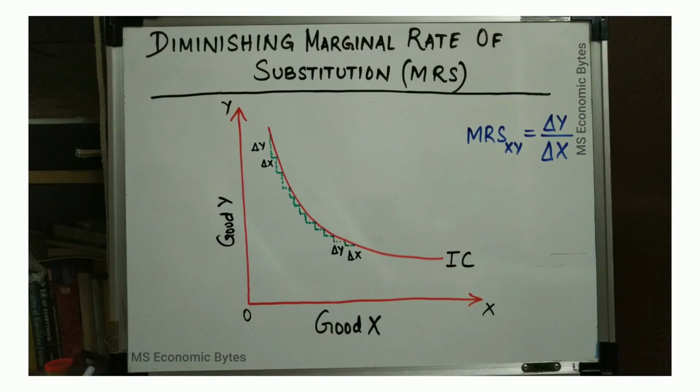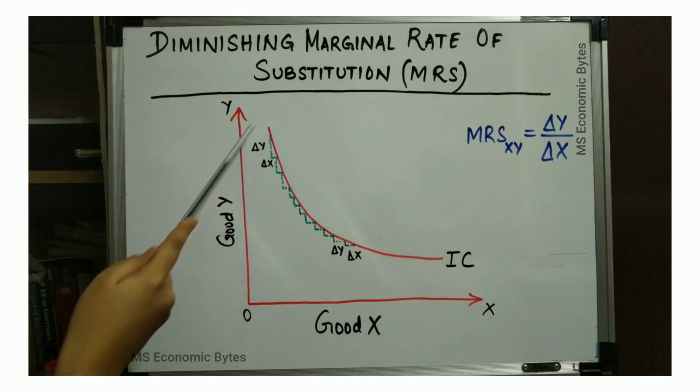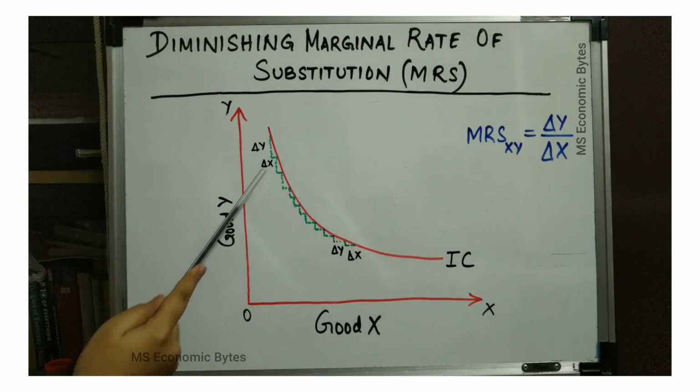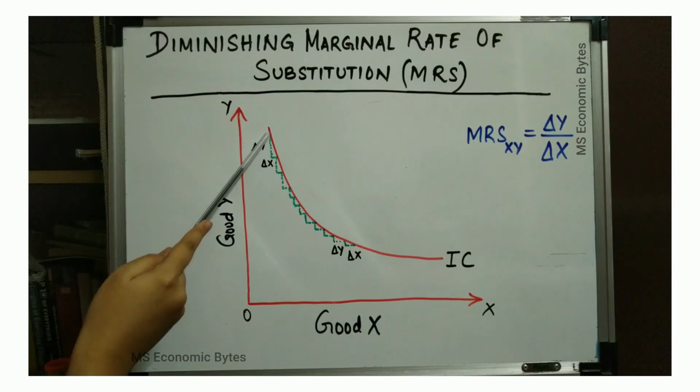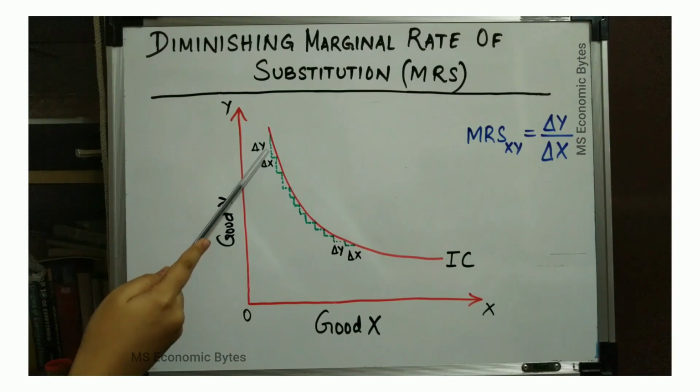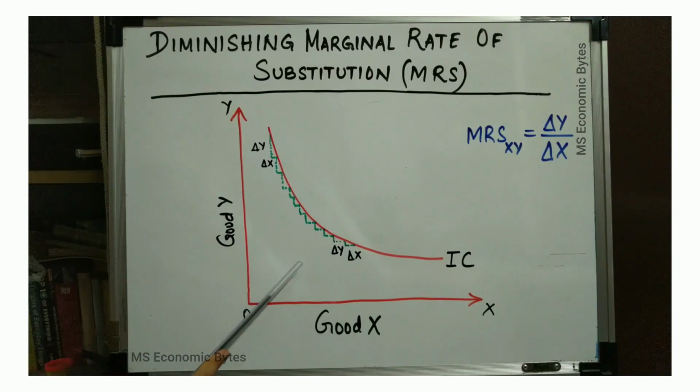For instance, in the upper part of the indifference curve, for a unit increase in good X, the consumer is compensating a huge amount of good Y. As we can see over here, a huge amount of good Y. But in the downward part of the indifference curve, for a unit increase in good X, the consumer is compensating a very small amount of good Y. Why does this take place?